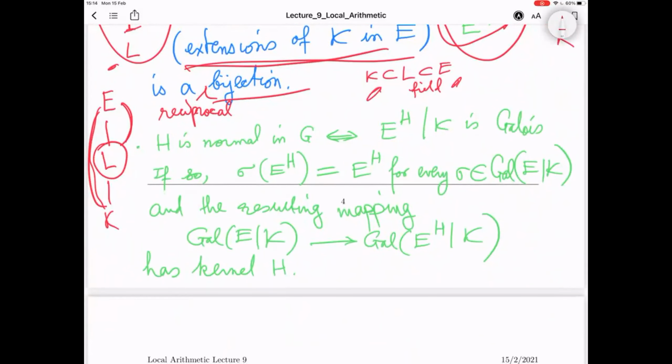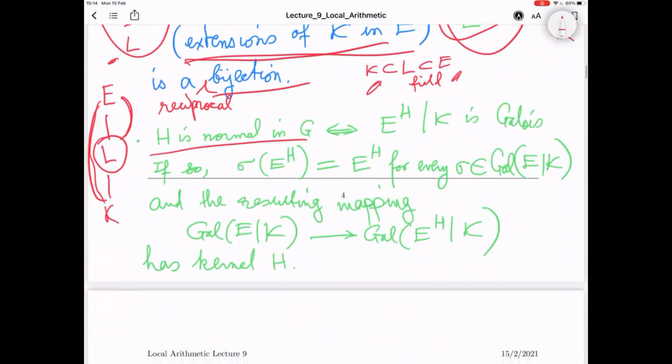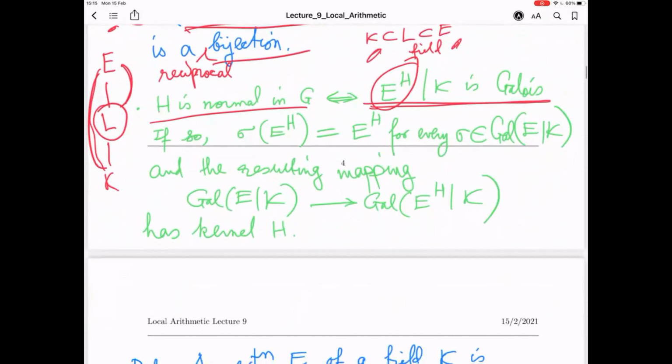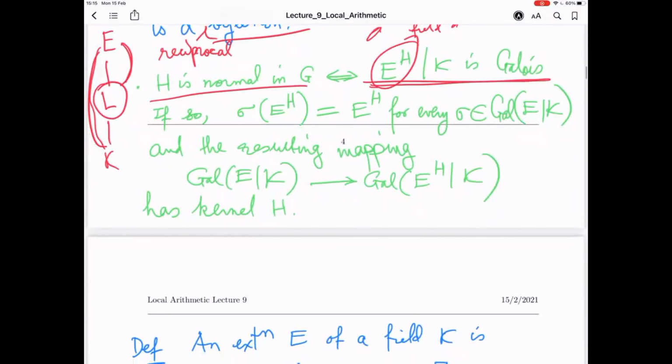One of the basic properties is that this subgroup H is normal in G if and only if this fixed field E^H is actually Galois over K. As a result of this, sigma of E^H is going to be equal to E^H for every sigma in the Galois group.